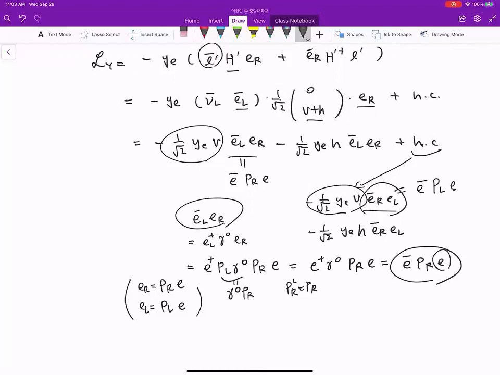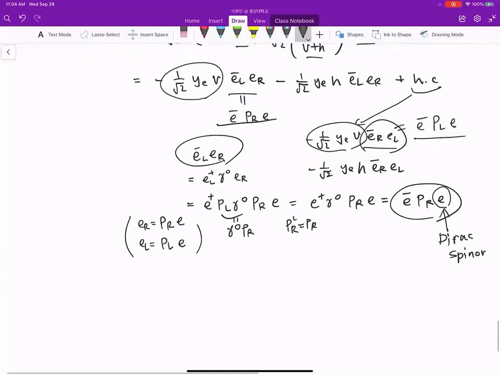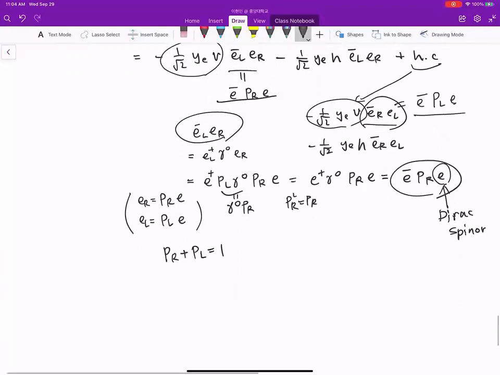So this e is a Dirac spinor, with a projection operator. So we have projection operators P_R and P_L appearing with the same coefficient. P_R plus P_L equals identity, so because of that this can be written down.